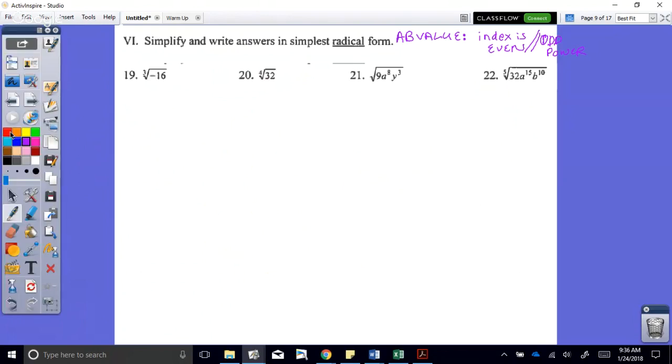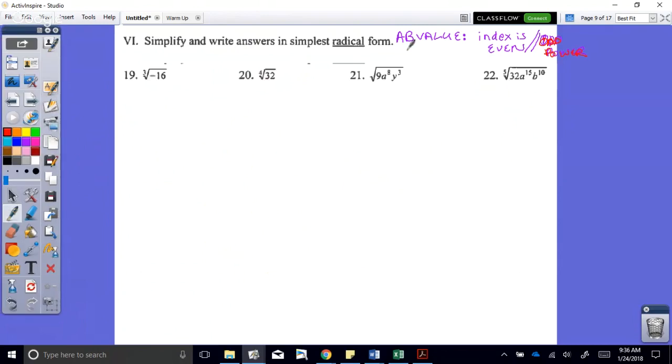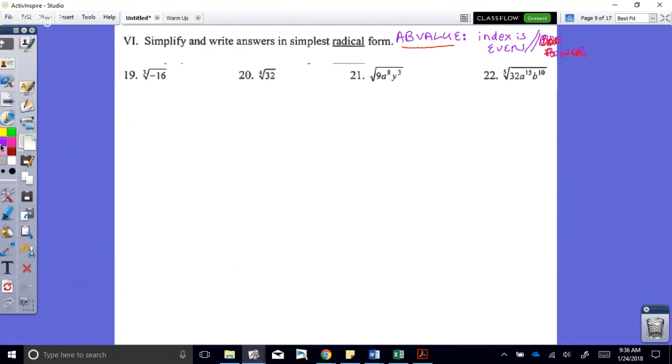I don't know if you can see that, so I will rewrite it. Okay, when the index is even and the power is odd in the answer, use absolute values. Other than that, we're just going to look for our groups.